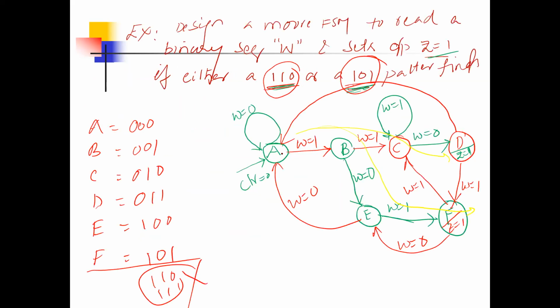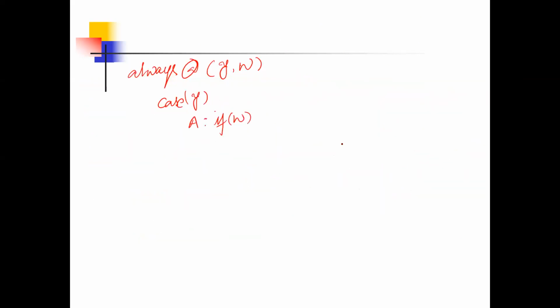So whenever you are at A, if W is equal to 1, next state is B, so capital Y is equal to B. Else Y is equal to A only, same thing. If 1, next state is B, otherwise same state.